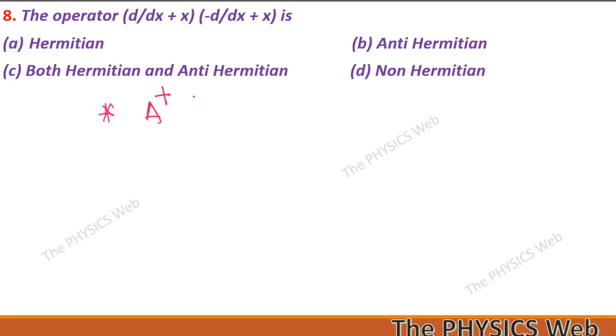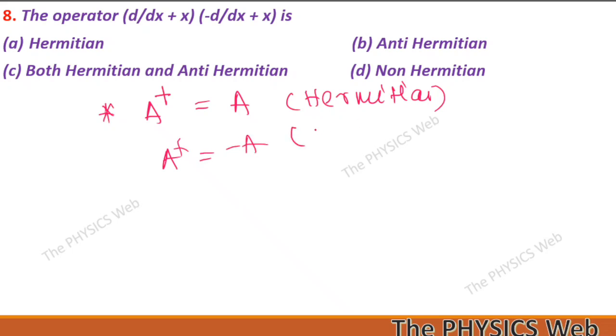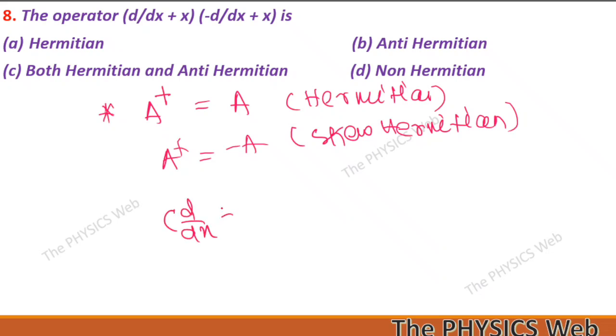If we define that A dagger equals A, then the operator will be Hermitian, and if A dagger equals minus A, it will be skew Hermitian. Okay, so now let us check minus (d by dx plus x) times (d by dx plus x).